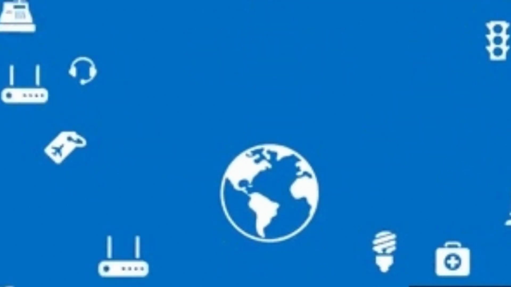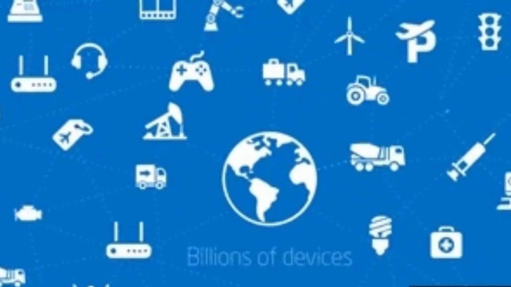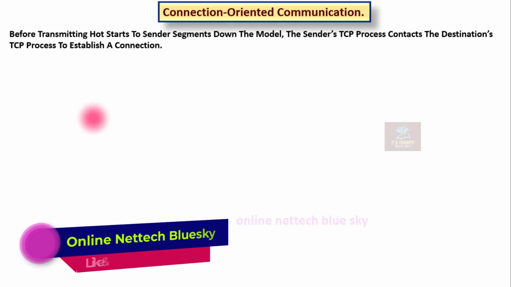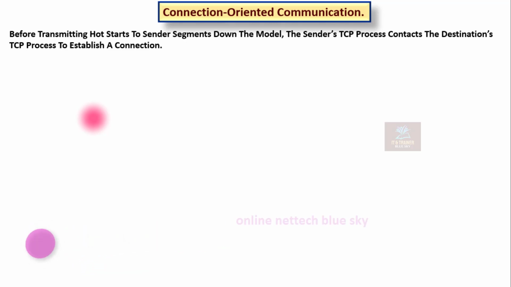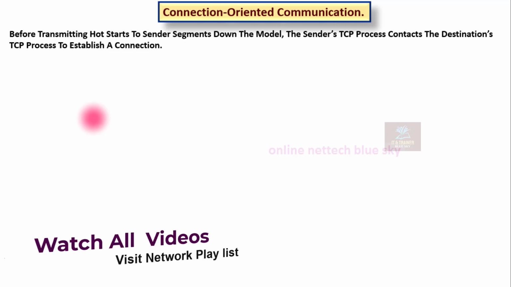Only as segments through the model is data sent and received. Okay, the sender TCP process, Transmission Control Protocol, is one type of protocol for sending and receiving from one side to another. It contacts the destination TCP process to establish a connection. So you connect to the other side computer.